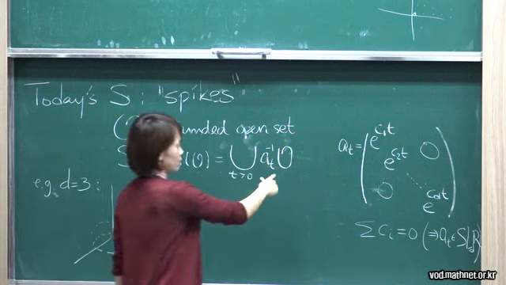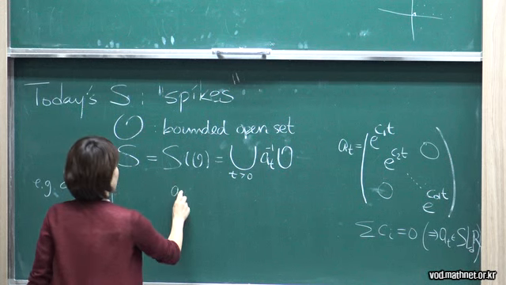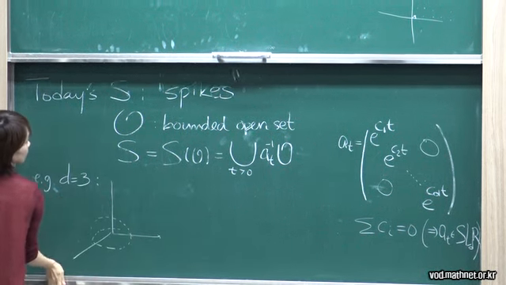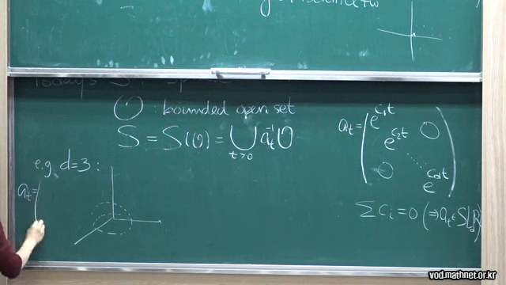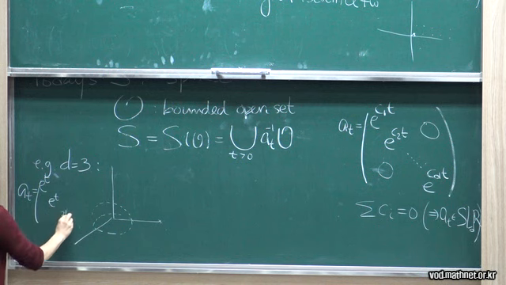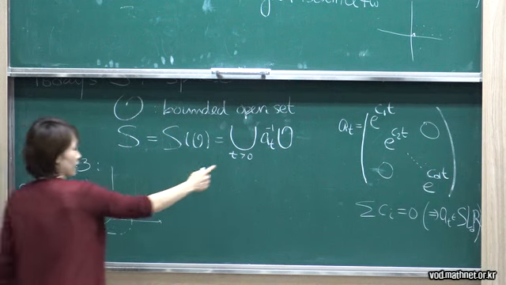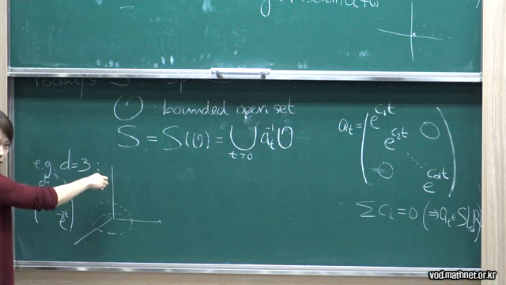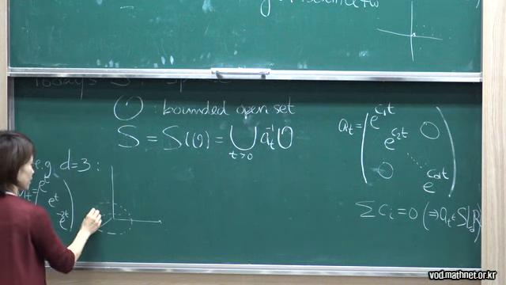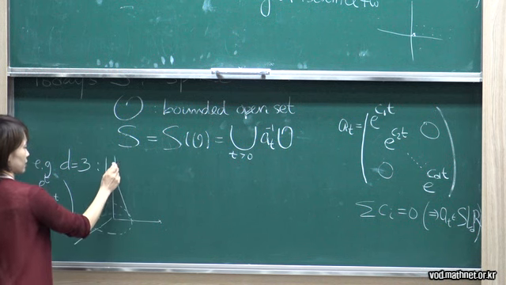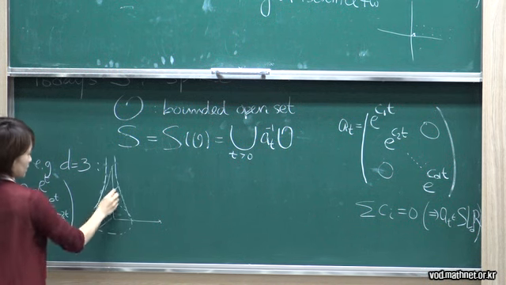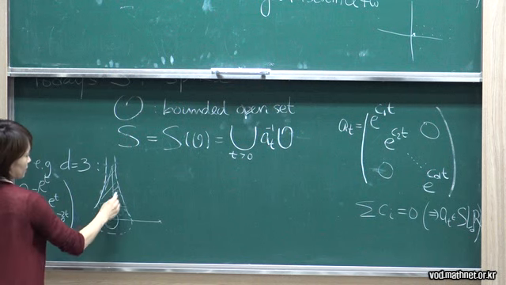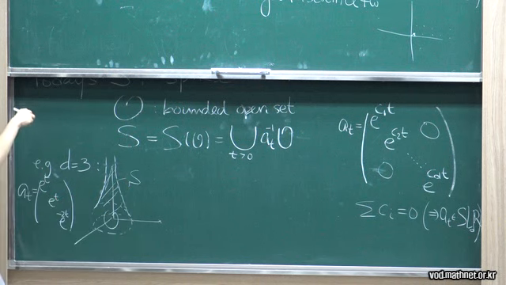Let's say a_t is e^t, e^t, and the sum of the exponents should be 0, so e^{-2t}. Then if you look at a_t inverse of O, this hemisphere is going to shrink and go up, so we have something like this. If this is my O, then this is my S. So it looks like a spike.